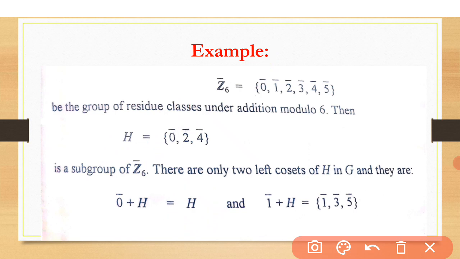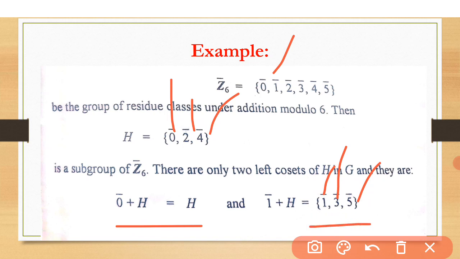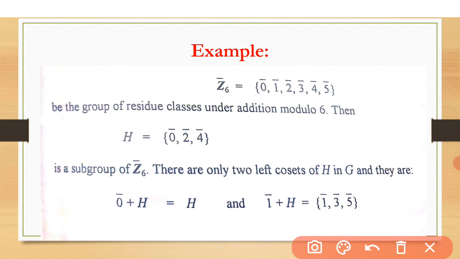Now second, when we add 1 to H, 1 plus 0 gives us 1, 1 plus 2 gives us 3, 1 plus 4 gives us 5, and that is another coset. One coset is this and the other coset is this. We have two left cosets.